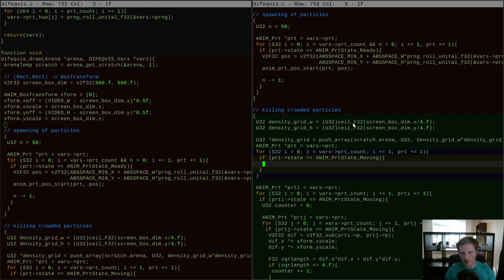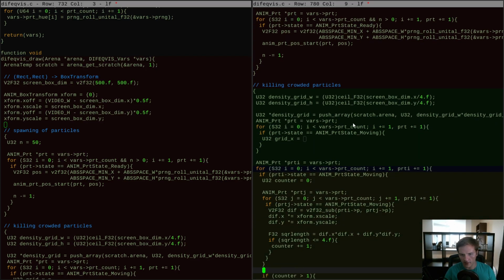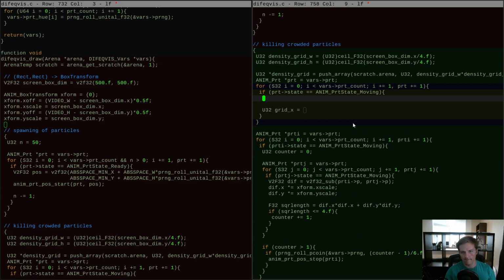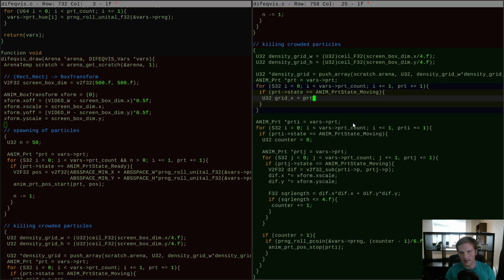And for each moving particle, we're going to figure out your grid X by doing, first of all, we're going to do p.x times X form X scale divided by 4.